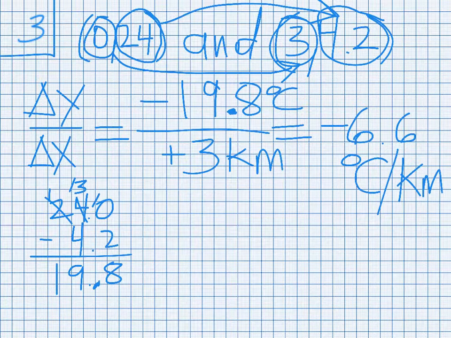Anytime you have a rate of change, really what you're getting here is a unit rate in a way. So you're getting how much this average rate of change is per kilometer. It's changing negative 6.6 degrees every single kilometer.